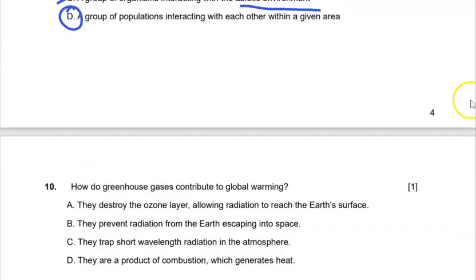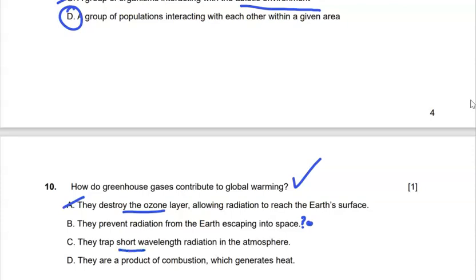Question 10. How do greenhouse gases contribute to global warming? Well, they don't destroy the ozone, so we have to get rid of A. They prevent radiation from escaping into space. Now, this is true. So let's hold there and look to make sure this is the best fit.